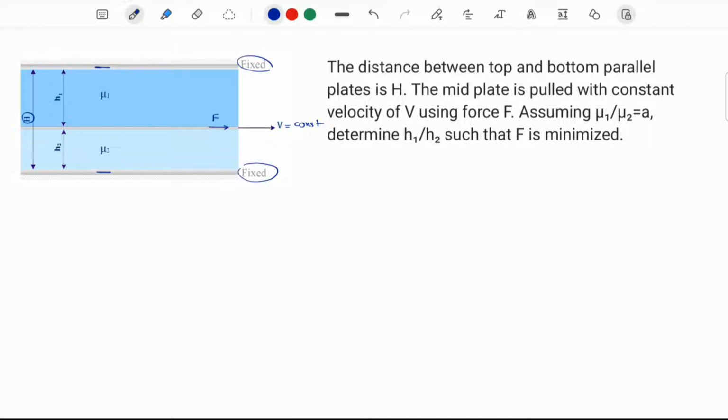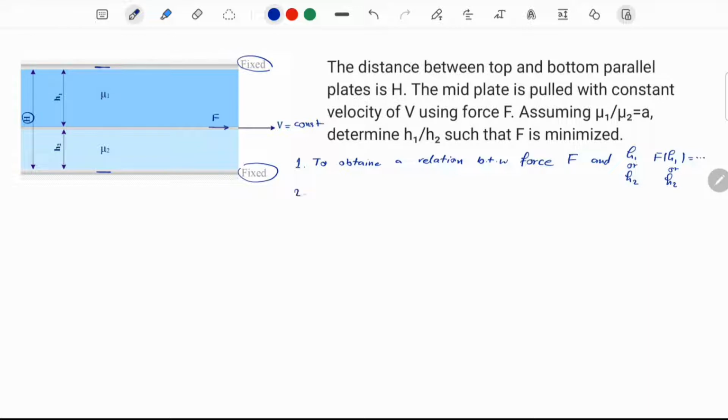For this purpose, we have two steps. The first step is to obtain a relation between force F and one of the parameters h1 or h2, such that F of h1 or h2 equals some relation.